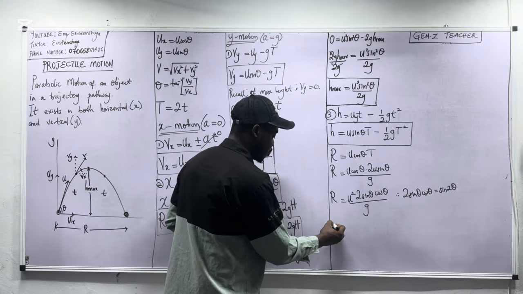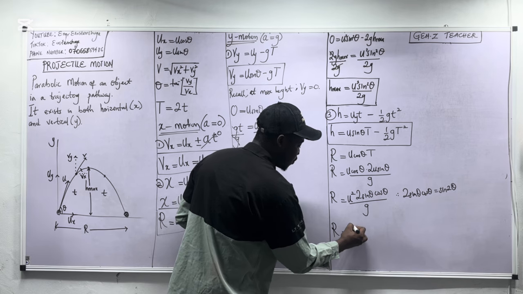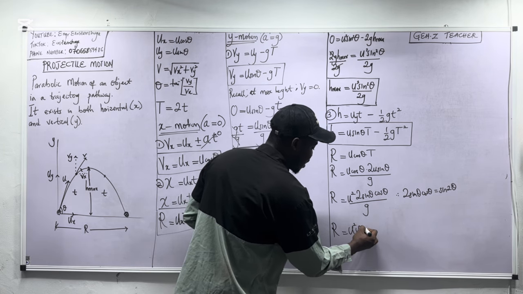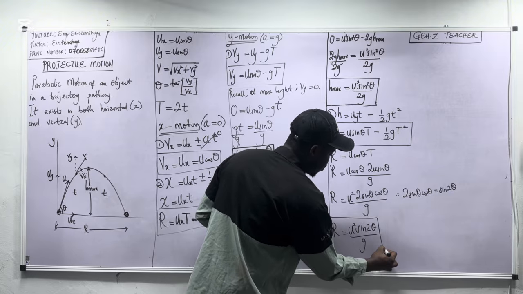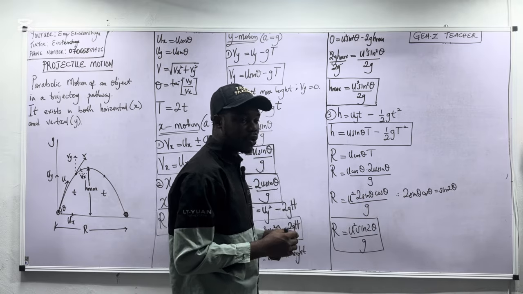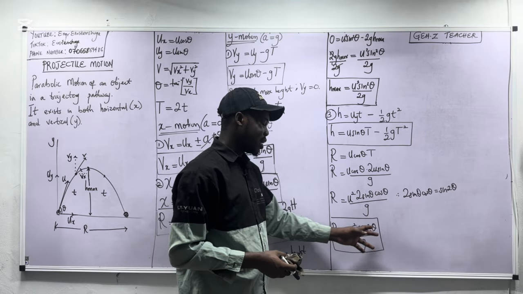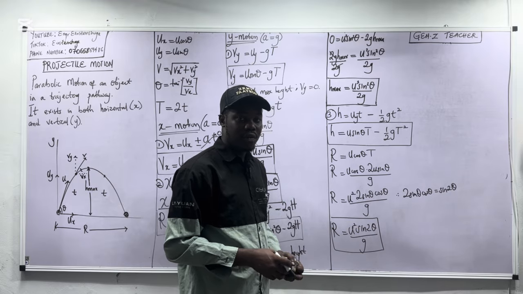So R becomes equal to u squared sine 2 theta over g. This is the formula for range that doesn't depend on time. It just depends on the angle and the initial velocity.